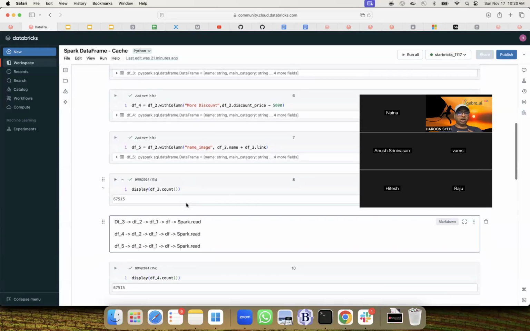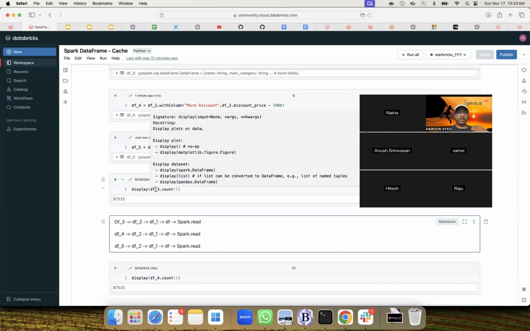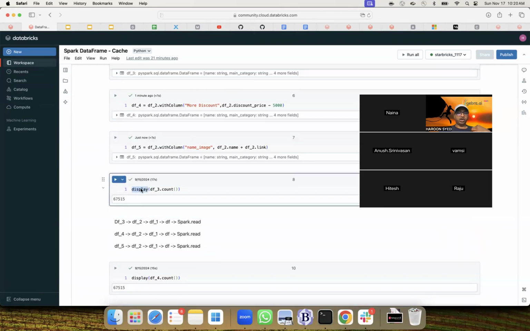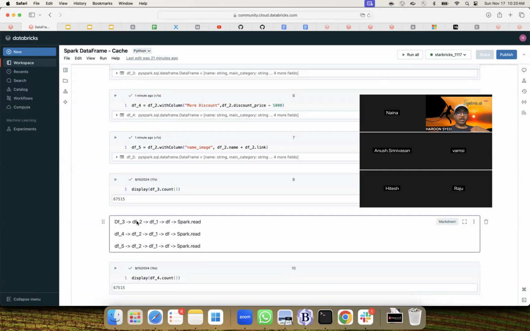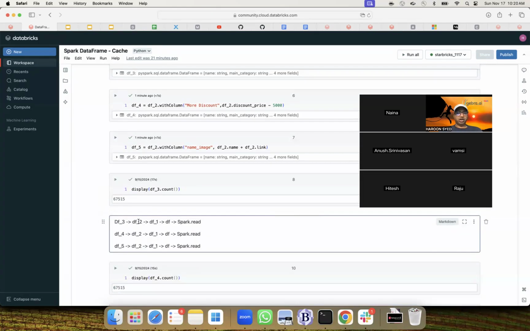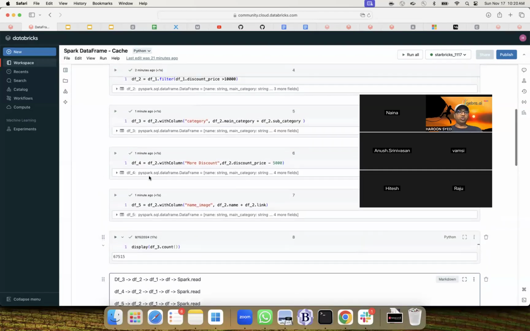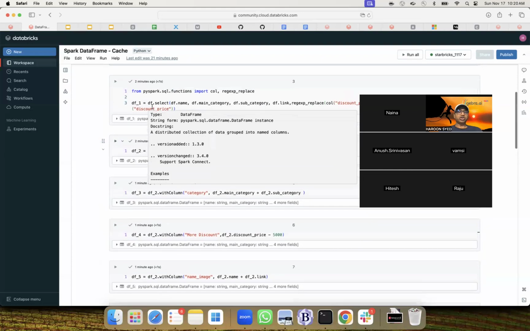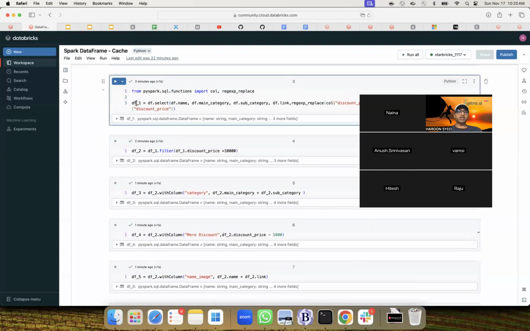Now I want to calculate df3. So I just call an action called display on data frame 3. When I calculate df3, it goes and calculates df2 because it needs df2 here. df2 is dependent on df1, so it first needs to calculate df1, which needs data frame df.